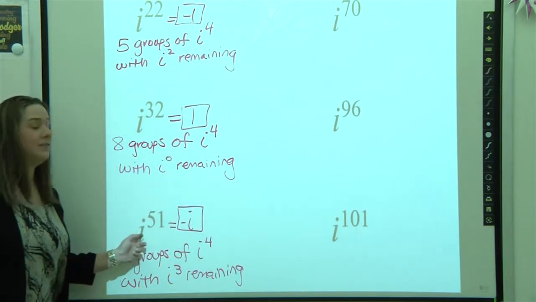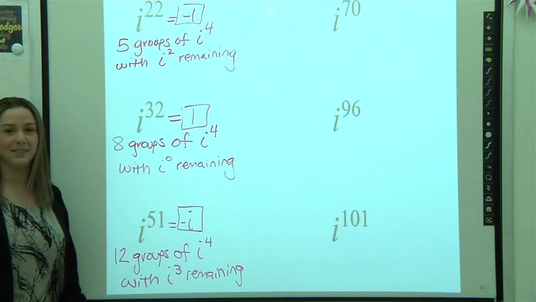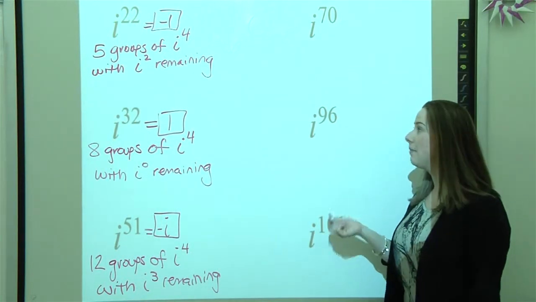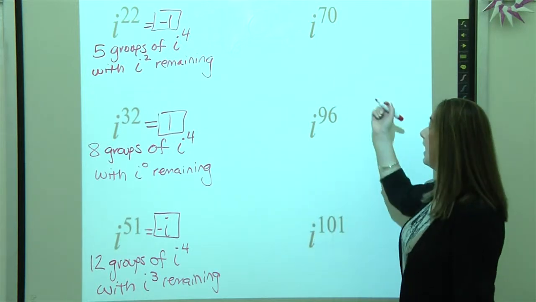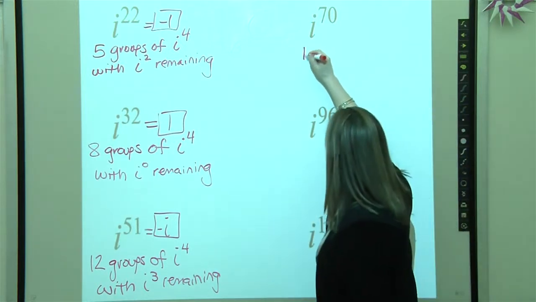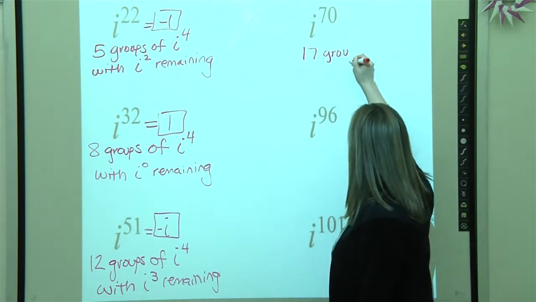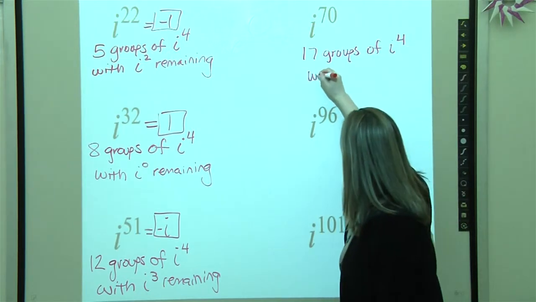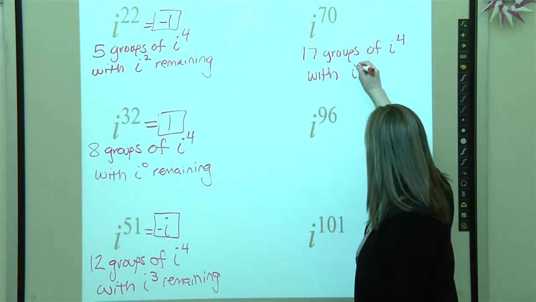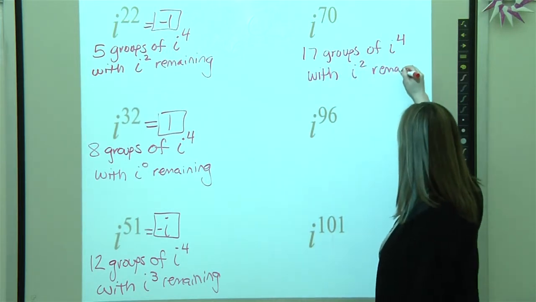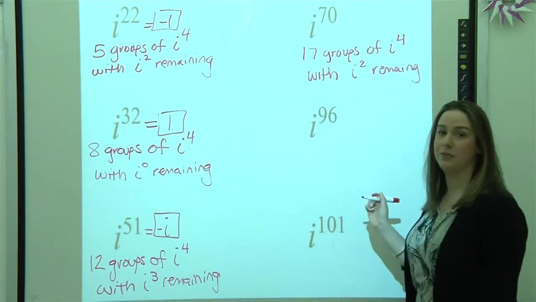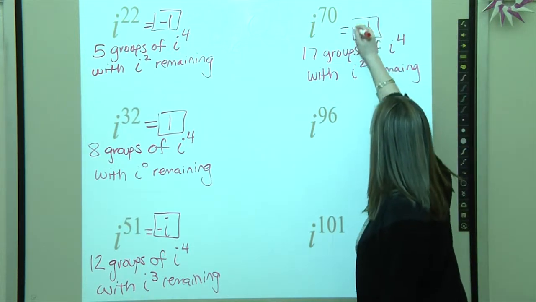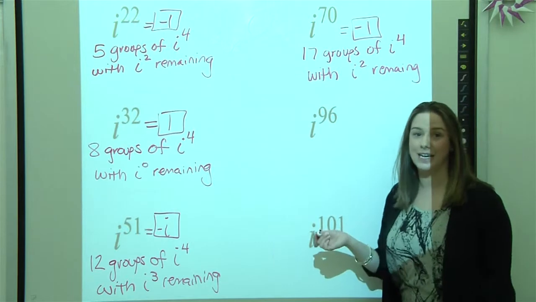So i to the 51st is -i. Let's look at i to the 70th. How many groups of i to the 4th go into i to the 70th? 17, with i squared remaining. i squared is -1. So i to the 70th is -1.